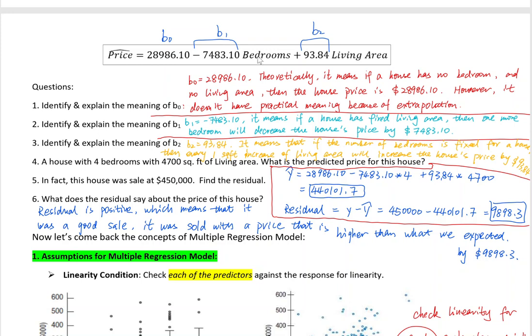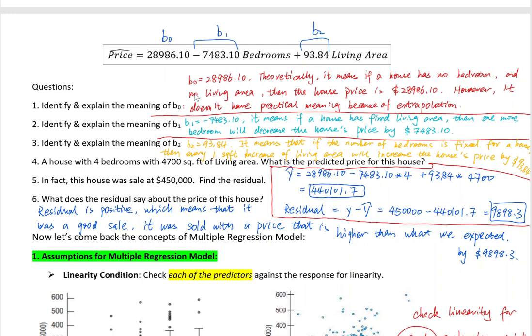That means when both of these two variables are 0, then the house price will be this much. But does that have any practical meaning? No, because there's no house with 0 bedrooms and 0 living area, then it's not even a house. So we do not have practical meaning because of the actual prediction.